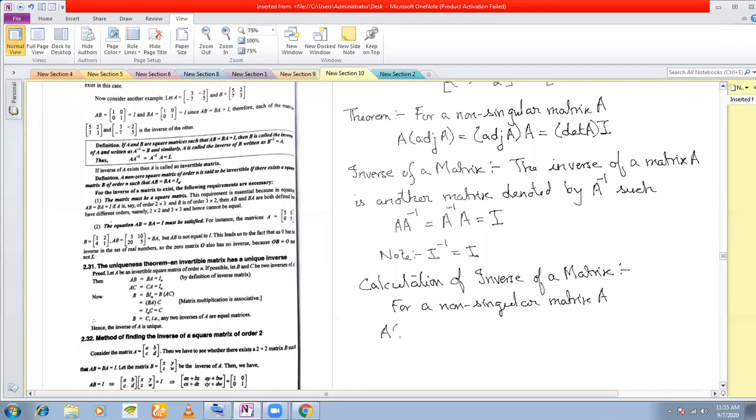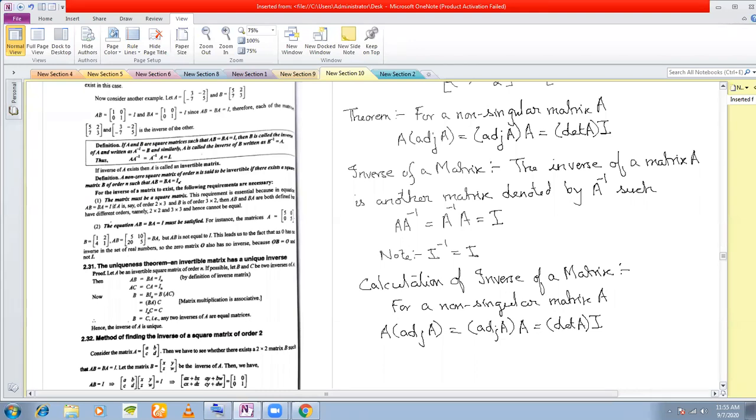A into adjoint of A is equal to adjoint of A into A is equal to determinant value of A into the identity matrix, right?